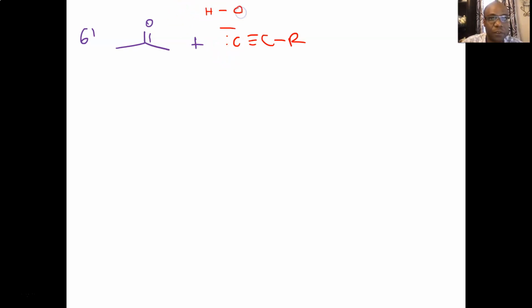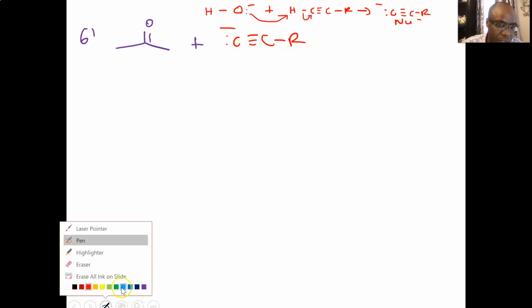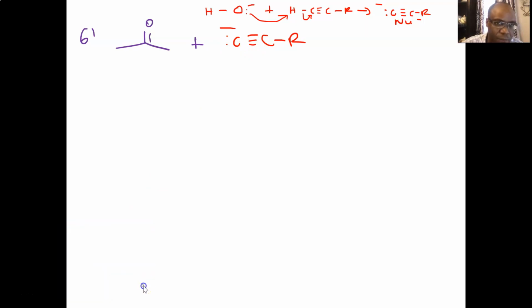So if you add a base to a terminal alkyne, this hydrogen will be taken out. And that's how you make the nucleophile. You can use that nucleophile to attack this carbonyl.